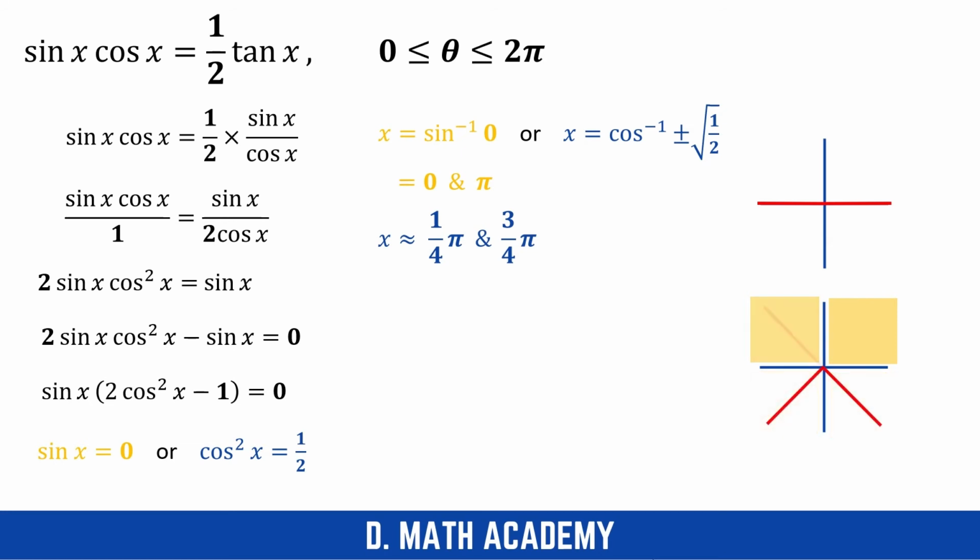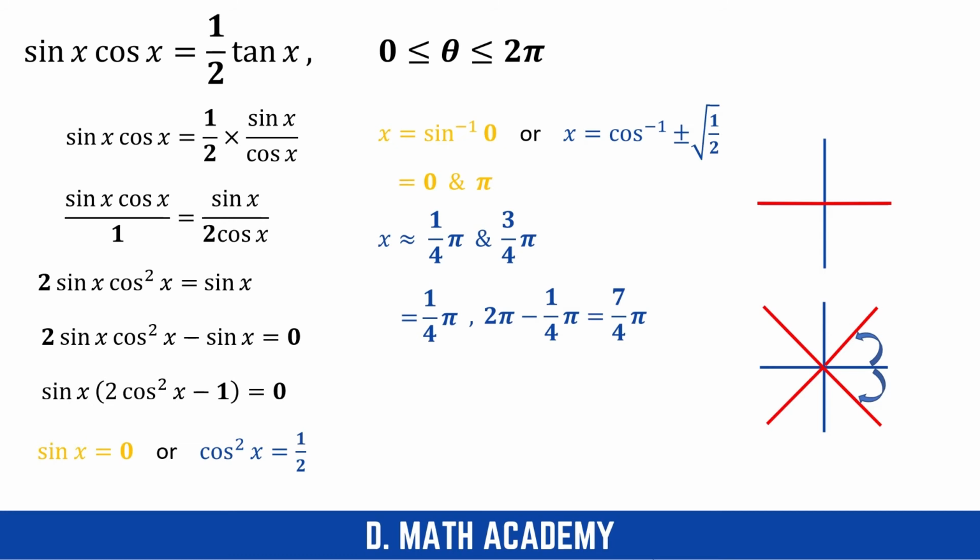The first one here in the first quadrant will actually have a value of 1 over 4 pi. For cosine to be positive, it will also appear in the 4th quadrant. To identify the result in the 4th quadrant, I will be taking 2 pi minus 1 over 4 pi. So I get the result as 7 over 4 pi.